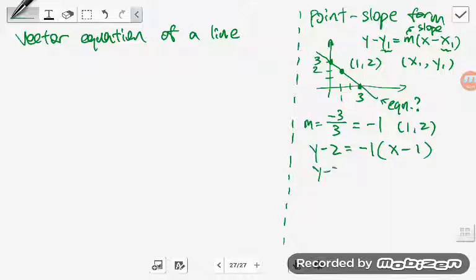I can simplify that as negative of (x minus 1), and I can leave it there like that. So this is the point-slope form of a linear equation. The concept behind the point-slope form is very similar to the concept that we are going to talk about now to find the vector equation of a line.